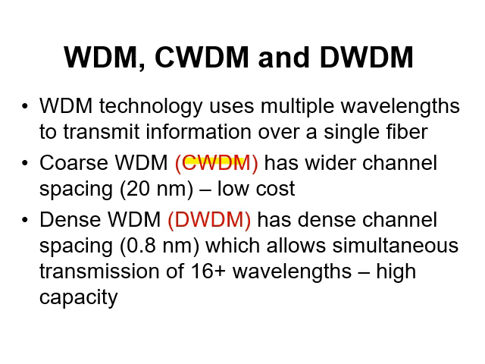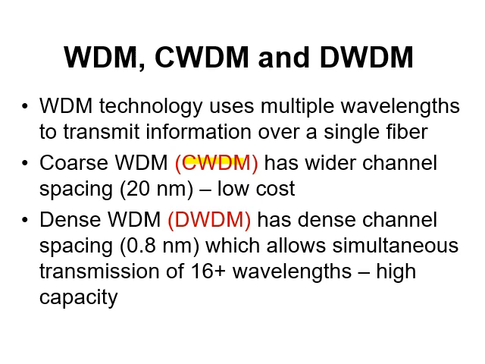It has a wider channel spacing of 20 nanometers, which is low cost, and can be used for short distances. Another one is dense WDM, DWDM, which has a dense channel spacing of 0.8 nanometers, which allows many wavelengths with a high capacity channel.